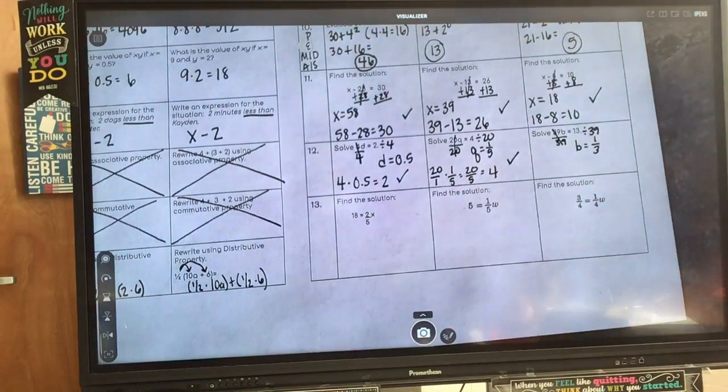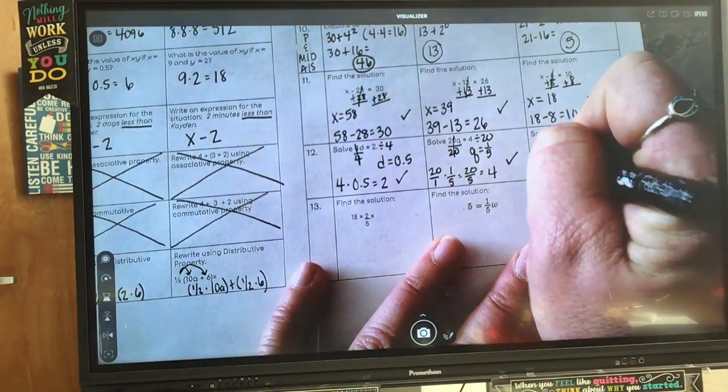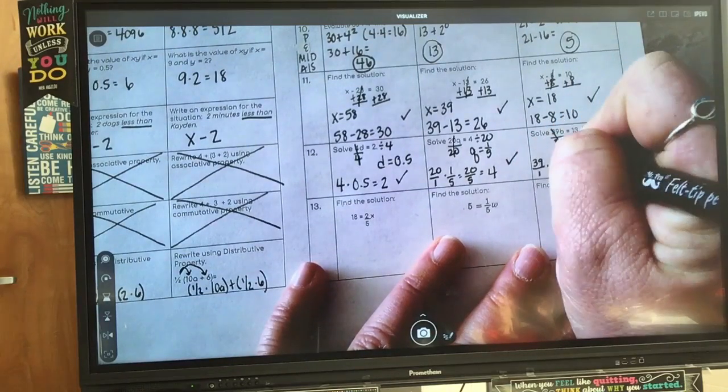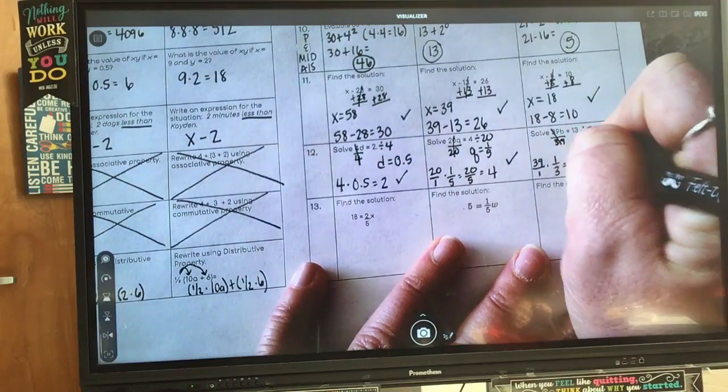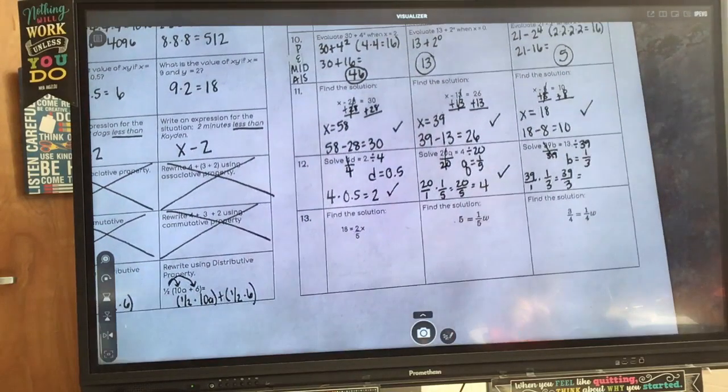And when you plug this back in, you do 39 over 1 times 1 over 3, which gives you 39/3, which when you change it to a mixed number, 39 divided by 3 gives you what? If you're not sure, do the math and figure it out. Don't sit there, do the math and figure it out.